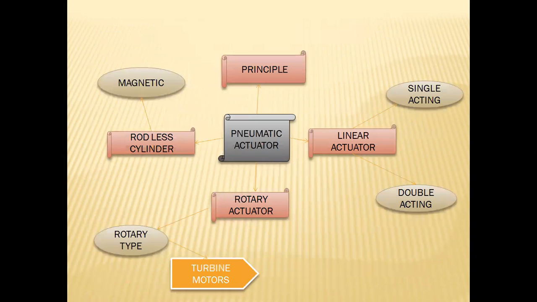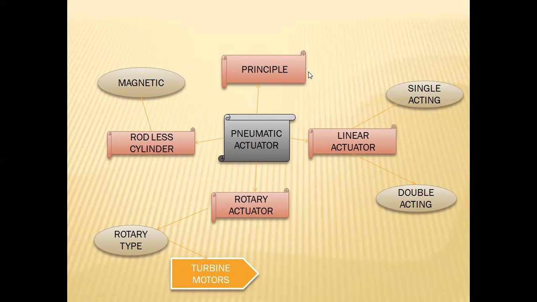We will look clearly at the basic principle of this pneumatic actuator and the different kinds of movements or rotary actions that exist in the case of power production, such as a wind turbine.